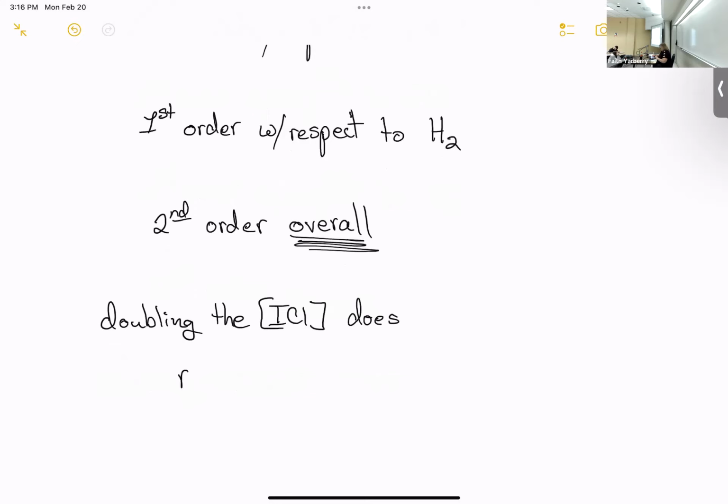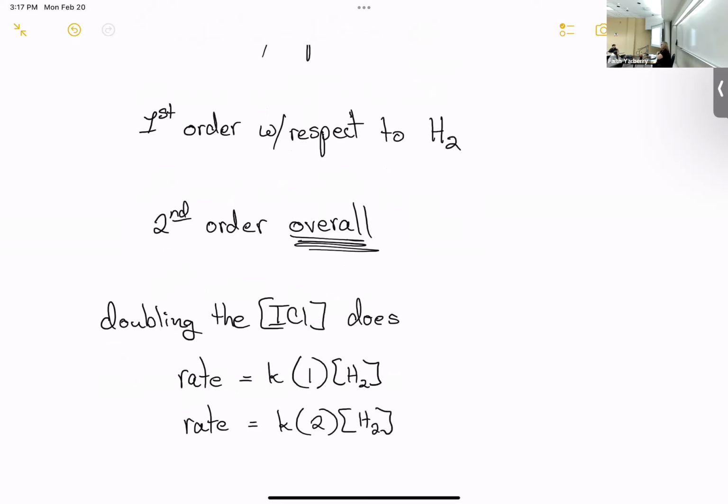So if you have the rate is equal to K times, say, 1 raised to the 1 times H2, and we were to change that and double the ICL, what's it going to do to the speed of the reaction? It doubles it. So doubling ICL will double the rate.